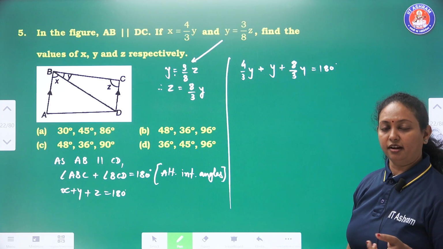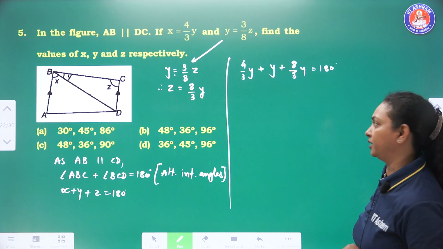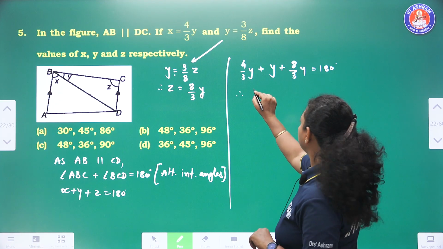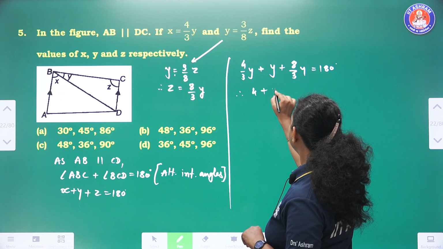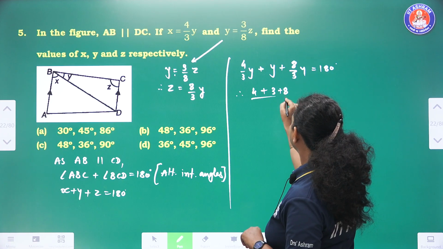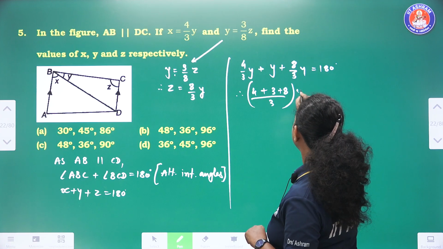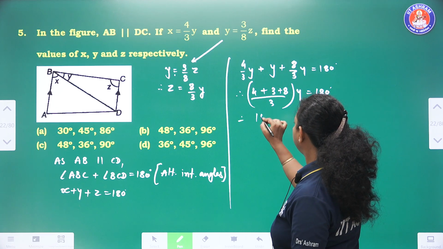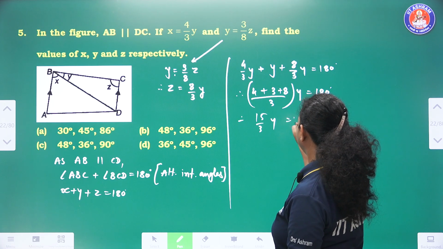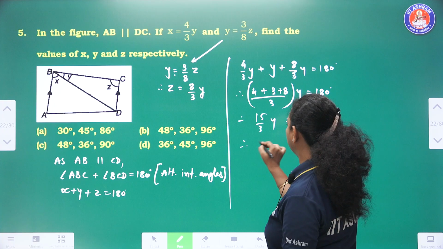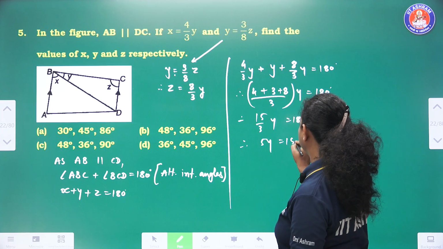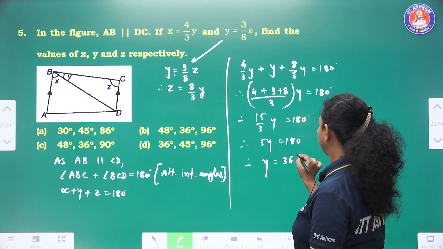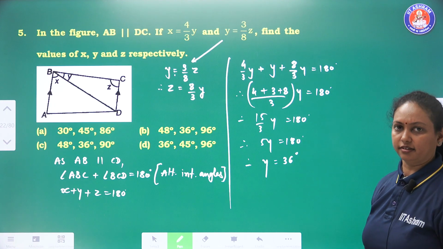So 3 variables are there, but we have converted into a single variable. So it is 4 plus 3 plus 8 upon 3 times y is equal to 180 degree. It is 15 by 3 of y is equal to 180 degree. So 5y is equal to 180. Therefore, y is equal to 180 by 5, that is 36 degree.